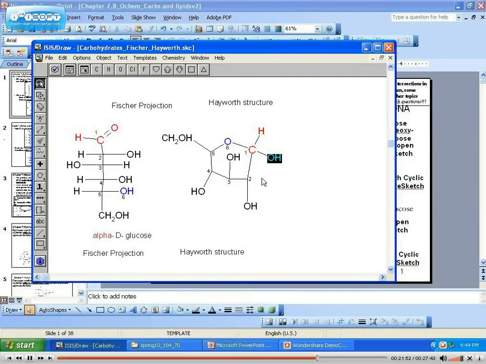Now let me go ahead and straighten this out just a bit. And usually what we do is we like to rotate it just a little bit more.